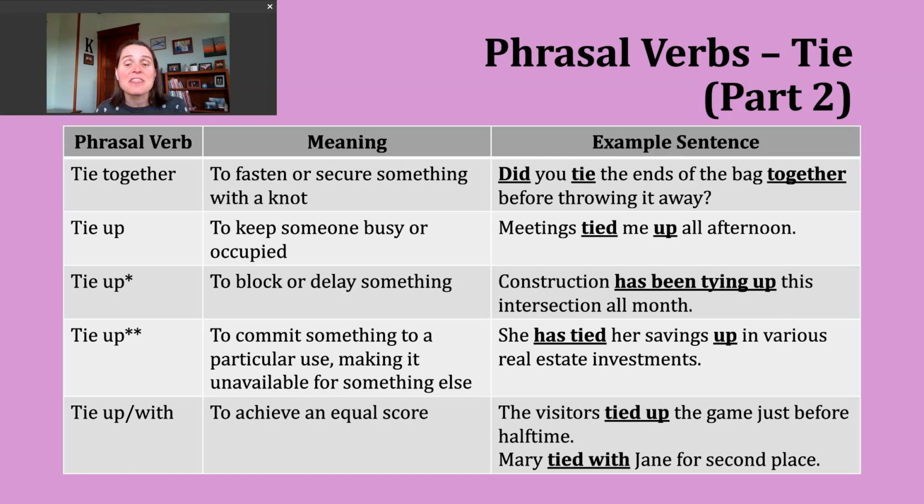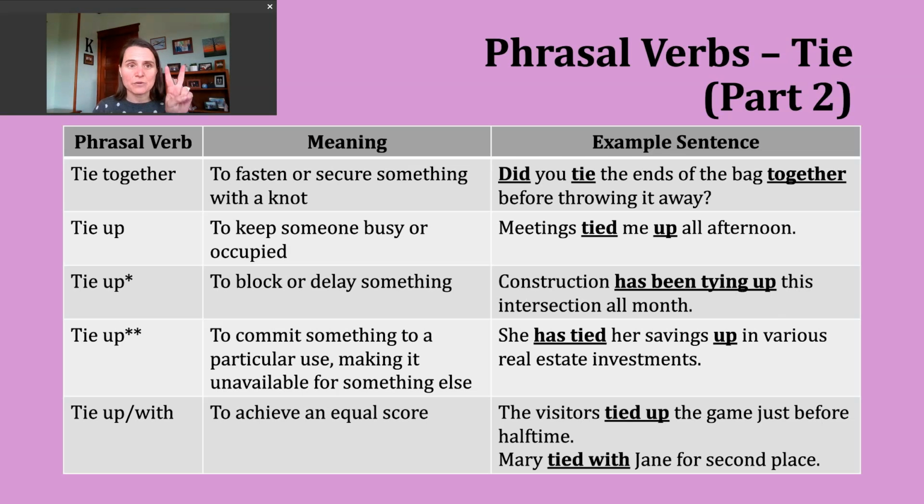I've got two example sentences here. The first is, the visitors tied up the game just before halftime, right? So we have a home team, a visiting team. Here, the visitors made the score equal just before the halfway point. Another example might be, Mary tied with Jane for second place.